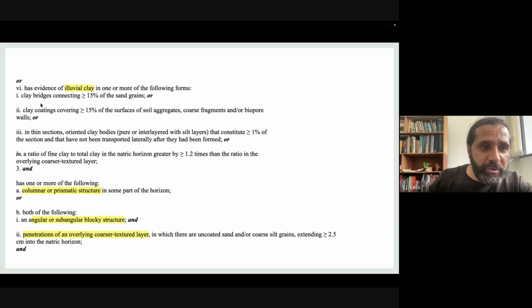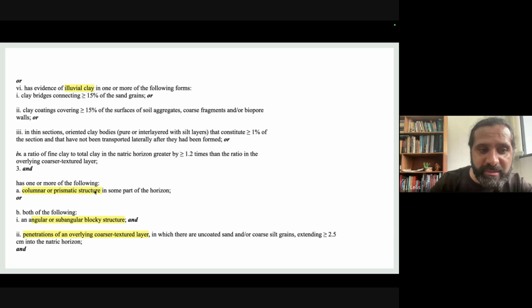Okay, you must fulfill at least one of these numbers and have one or more of the following: a columnar or a prismatic structure. A columnar or prismatic structure are morphological features that I already showed.